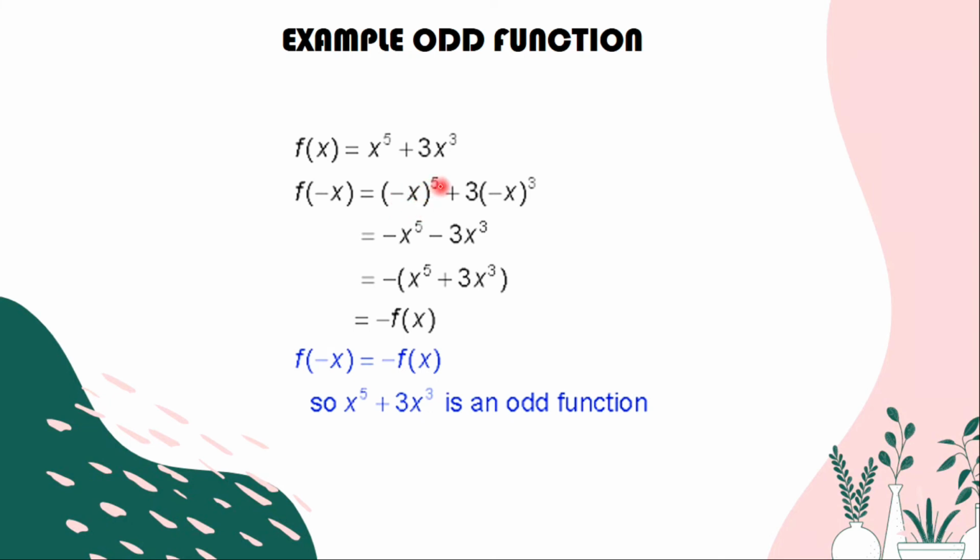Substitute negative x to the power of 5 plus 3 times negative x to the power of 3, and then calculate that, and we will get the answer, which is negative f of x. So our concept is f of negative x equals negative f of x. So it is proven that this function is an odd function.